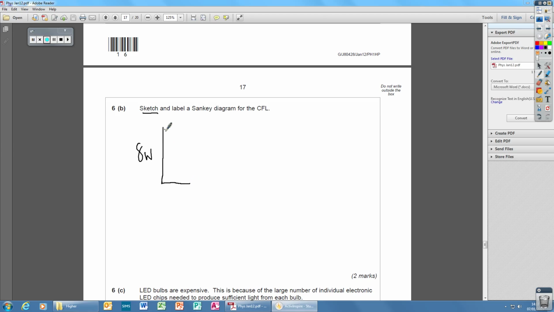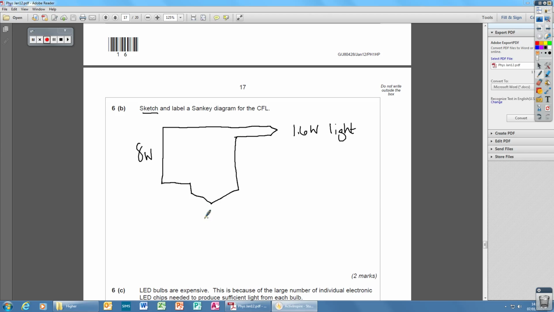So we're coming this way. Now the actual power output, if I put this along here, the useful output, that tends to be the horizontal, is 1.6 watts of light. That's the useful bit. And then dropping out the side here are the bits that we can't use, which is the wasted.